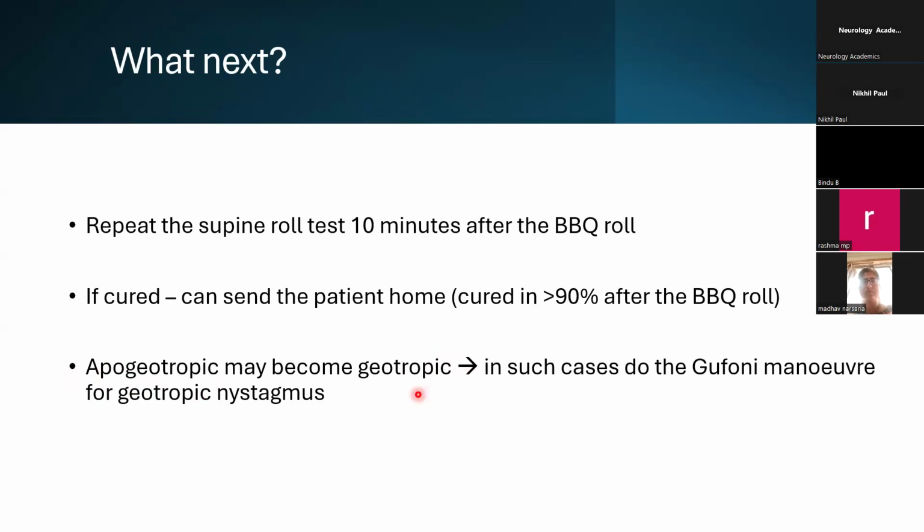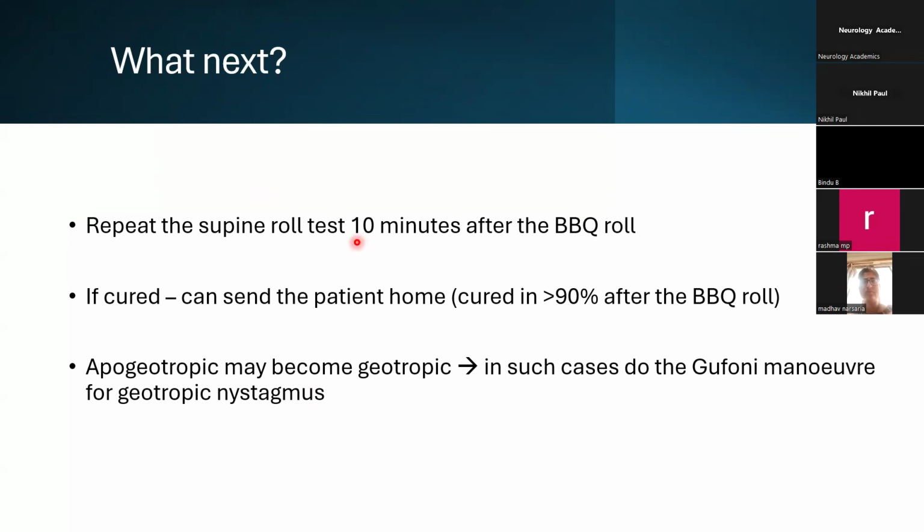So we have to do the geotropic maneuver later on. It has been described. Even if it changes and becomes something else, we can just do the maneuver for that. It's okay. Even if it occurs as a complication, we can just do the maneuver for that nystagmus.